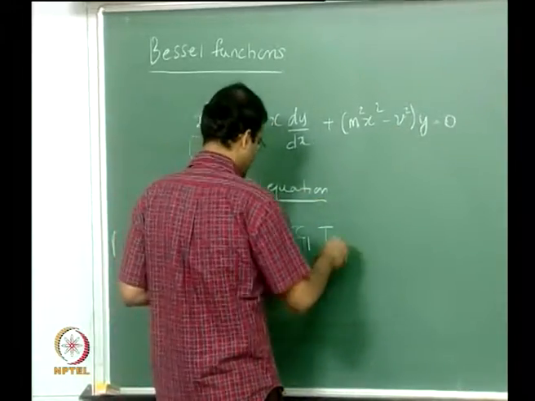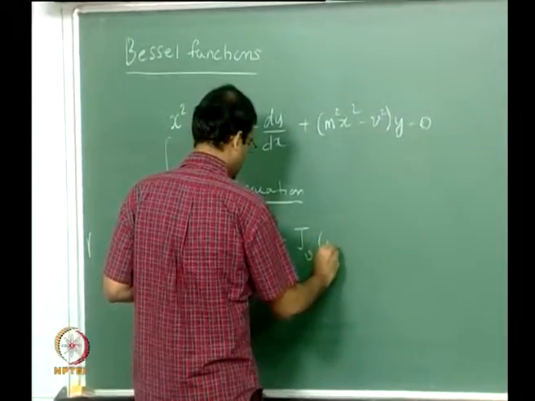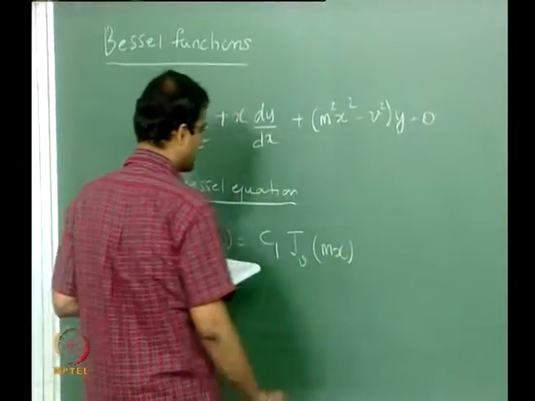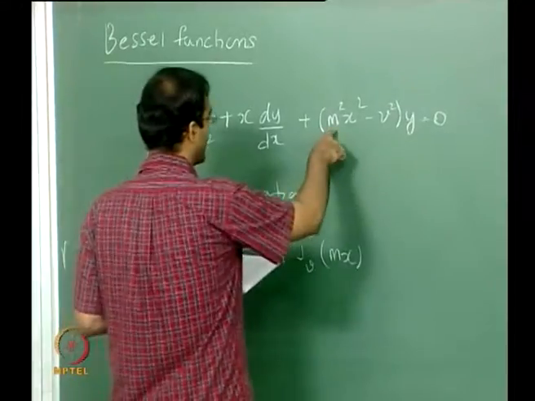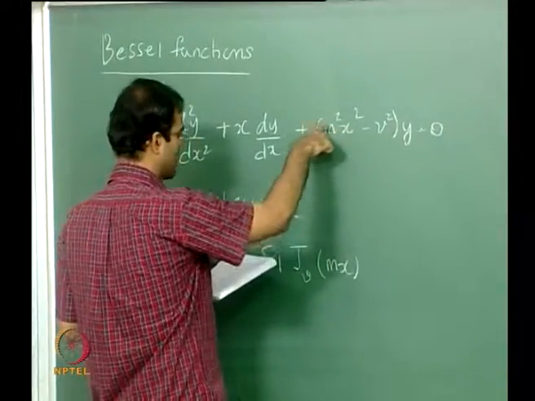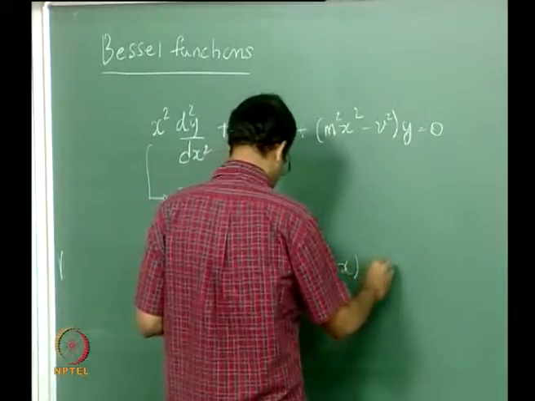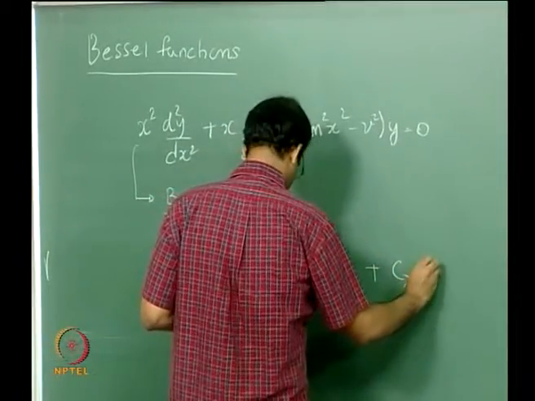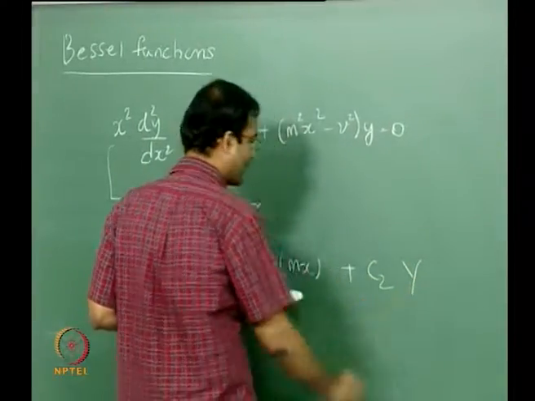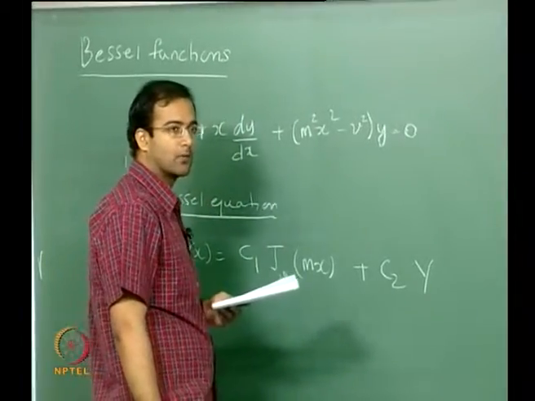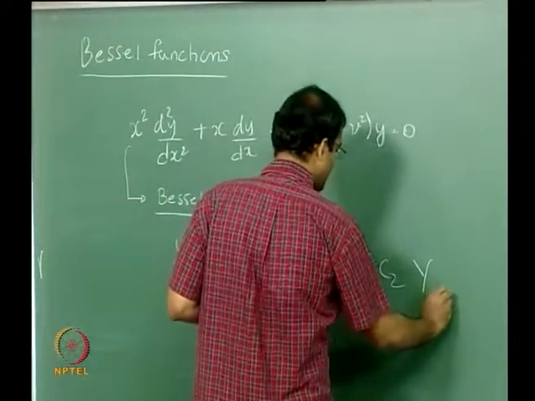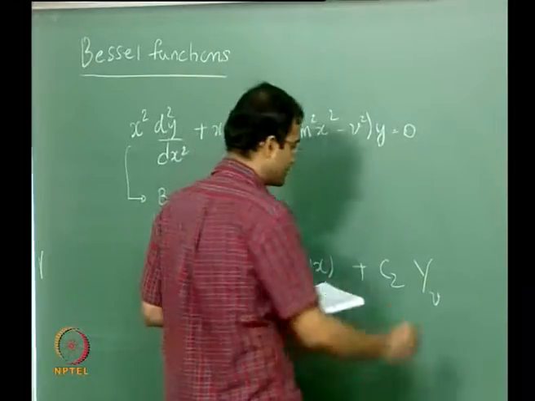This is a function of m times x, where m is the value that you have got here, so J nu of mx, plus c2 times the Bessel function of the second kind, which is represented by the letter Y, with the order as the subscript nu, Y nu of mx.